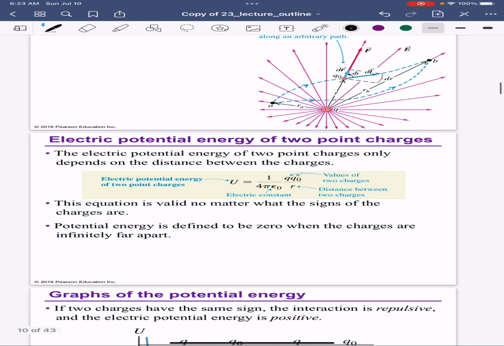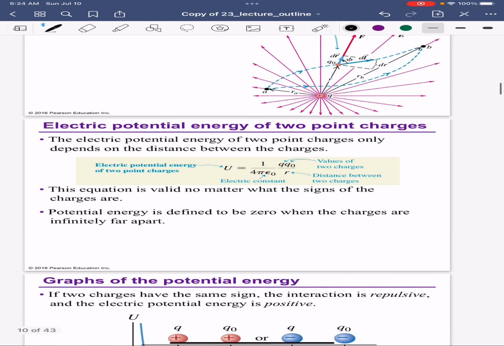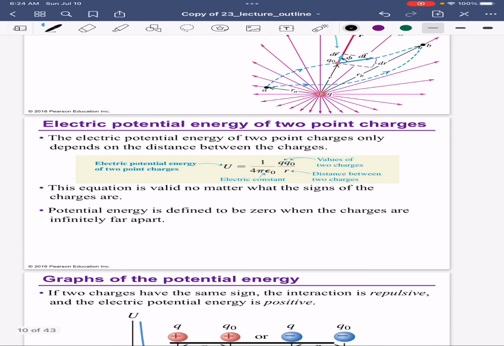Now, this equation is used to calculate the electric potential energy of 2 point charges. Here we have Q and Q0, two charges, and the distance between them is R. This is how we calculate U. We can say U electric to differentiate it.